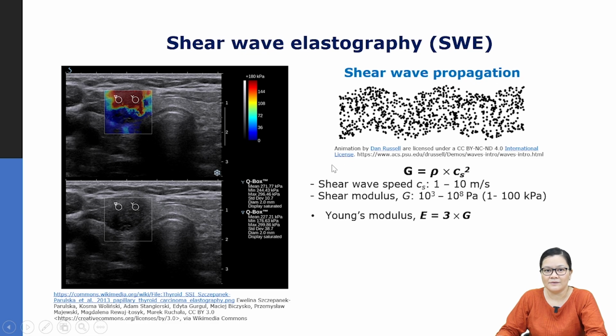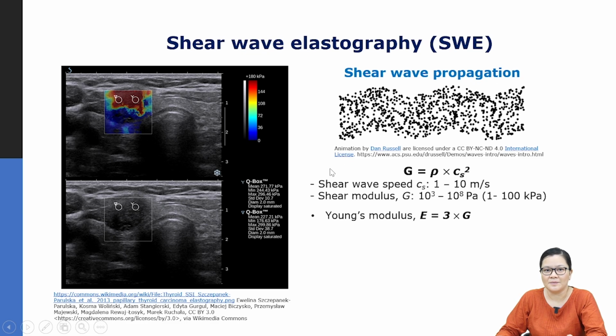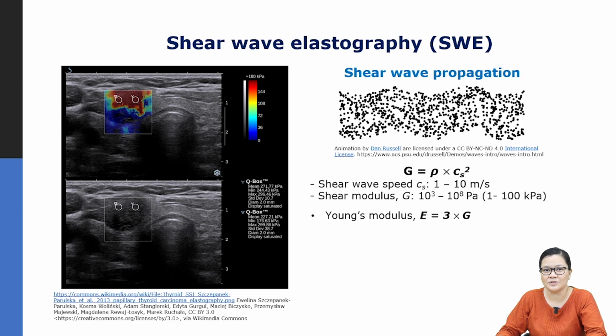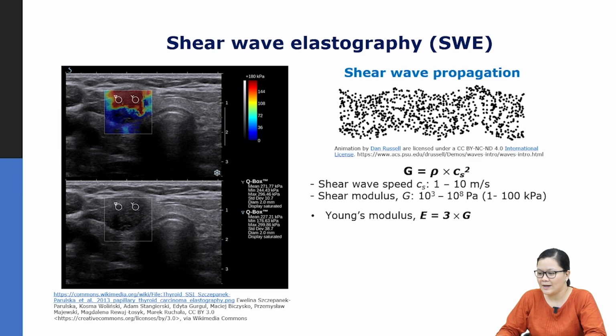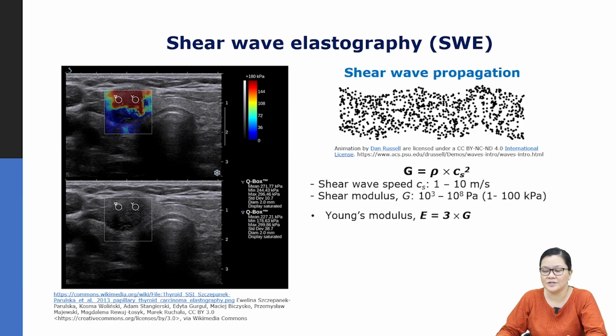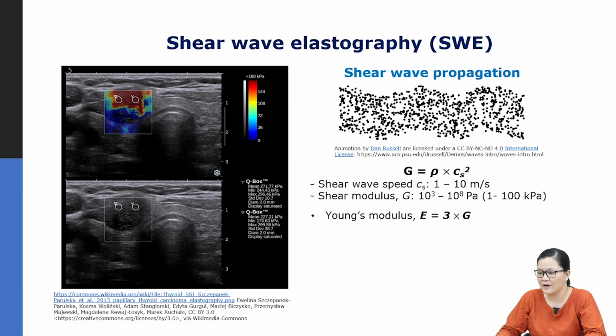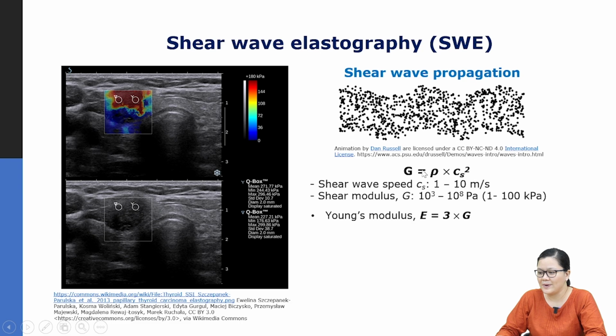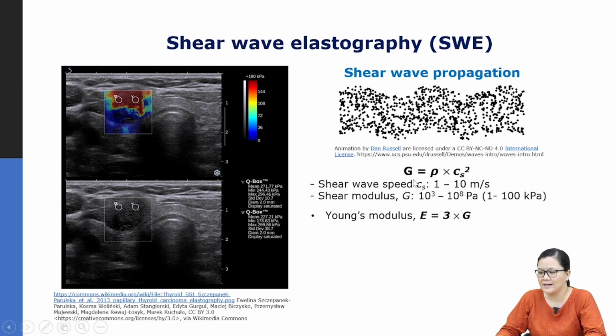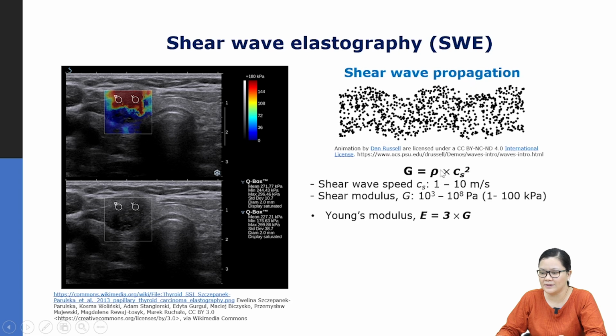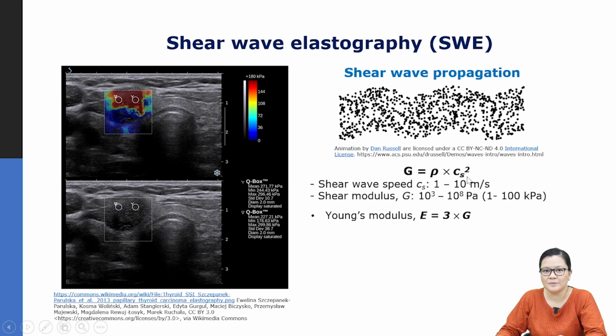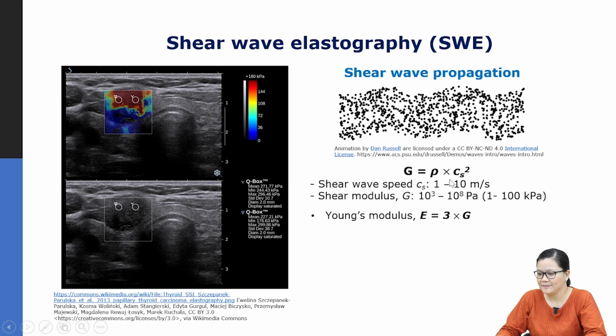If we have several assumptions, such as an incompressible, elastic, isotropic medium, then we can calculate the shear modulus using the following equation: G, the shear modulus, equals the density of the material times the shear wave speed to the second power.